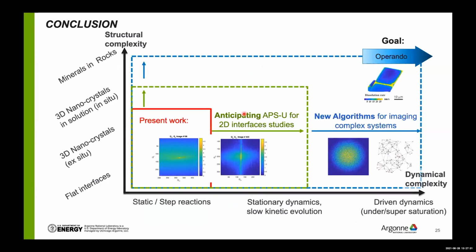So to conclude, in this talk, I've shown you a strategy to leverage coherence in order to reach our ultimate goal, which is to perform operando studies of crystals under realistic conditions. And so one of the examples is about using thin films as a proxy for 2D interface studies to prepare future 2D interface studies with coherent X-rays at new synchrotrons like APSU.